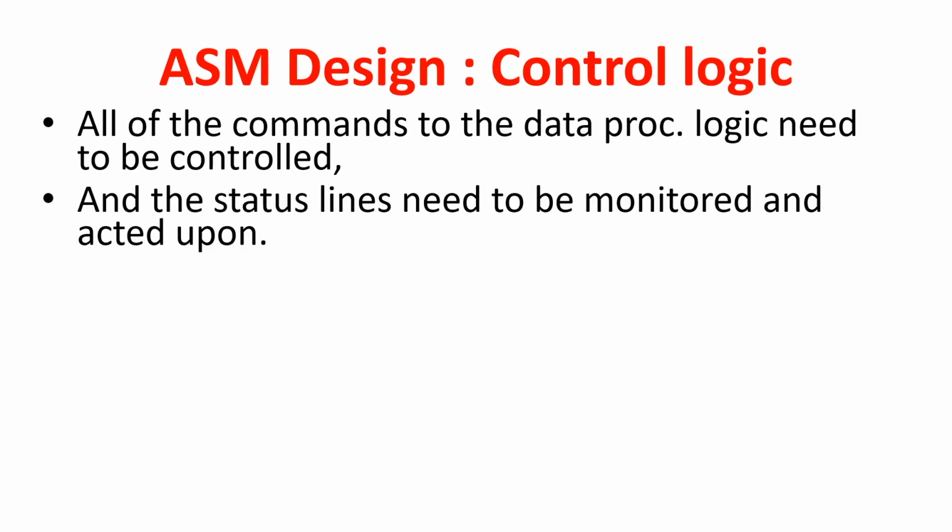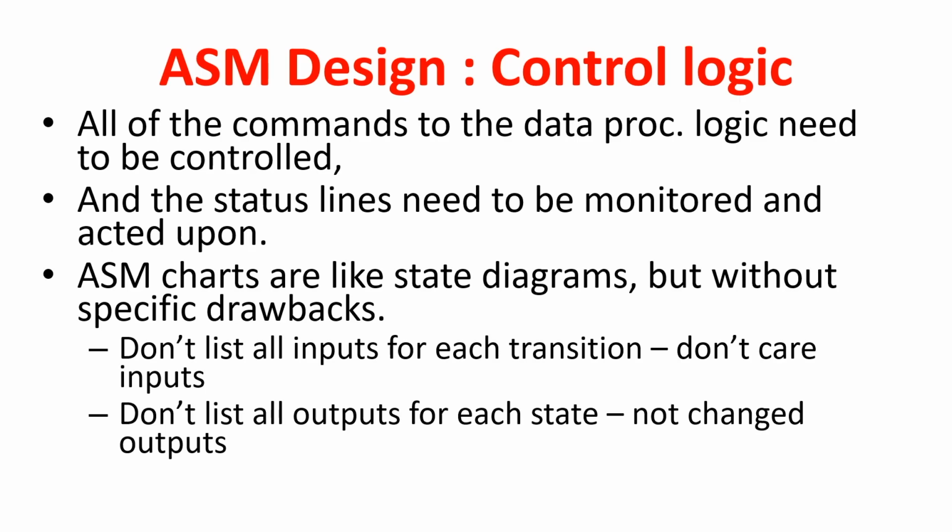So, ASM control path. All of the commands to the data processor logic need to be controlled, and all the status lines need to be monitored and acted upon. If we look at it, an ASM design has two parts, controller path and data path. So, the FSM sends all the commands to the data path logic to be controlled.